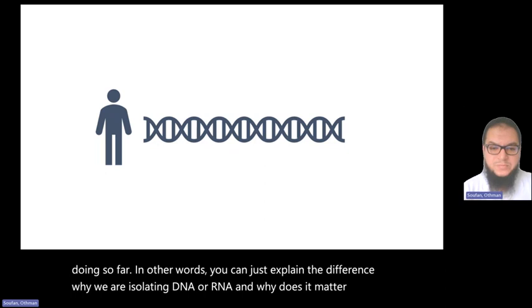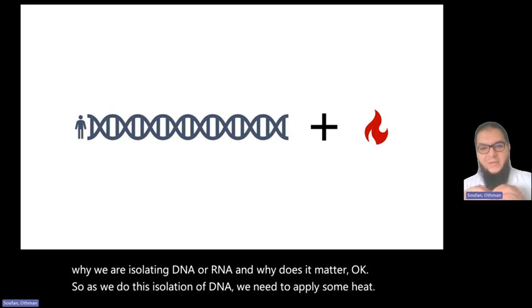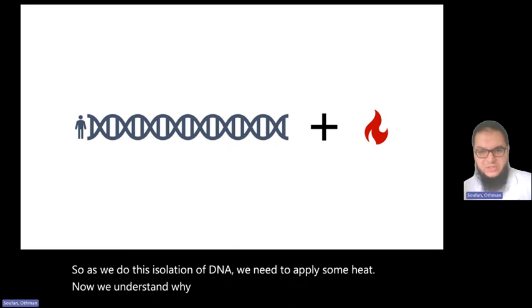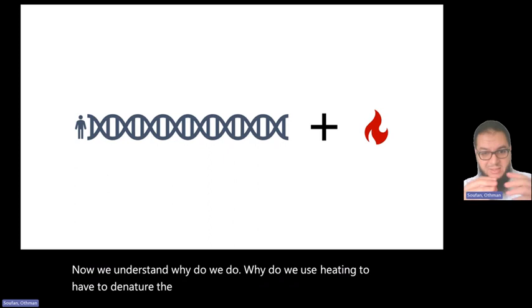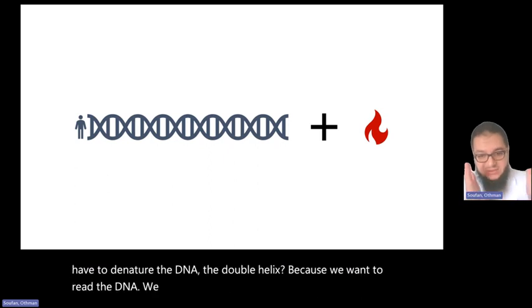As we do this isolation of DNA, we need to apply some heat. Now we understand why we use heating to denature the DNA, the double helix, because we want to read the DNA. We cannot read it as it comes in a double helix shape.